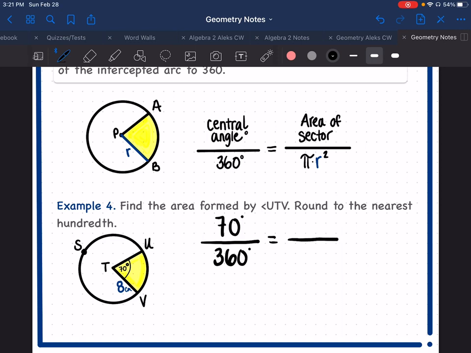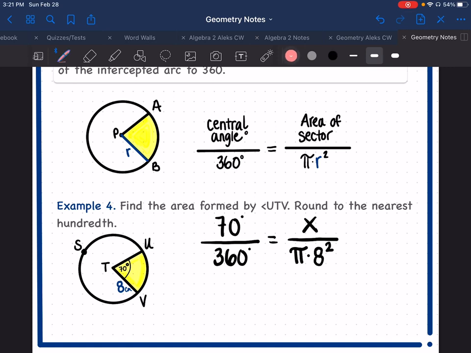They're asking me to find the area formed by the angle UTV, which is my shaded sector, so that would become my X. Most of the time, this part of your equation will become your X, but there are some times where R becomes your X, just not now. And of course, pi, I could use 3.14, times 8 squared.